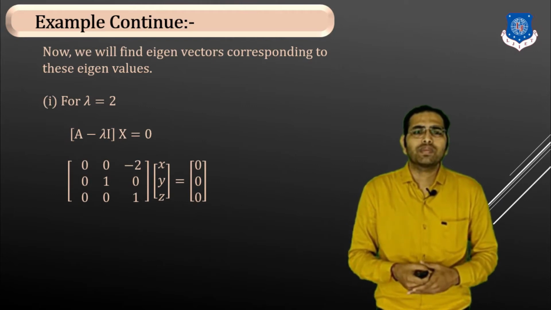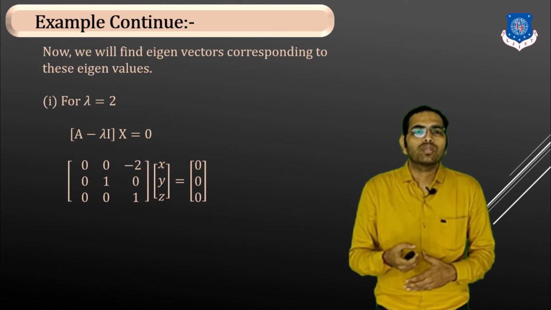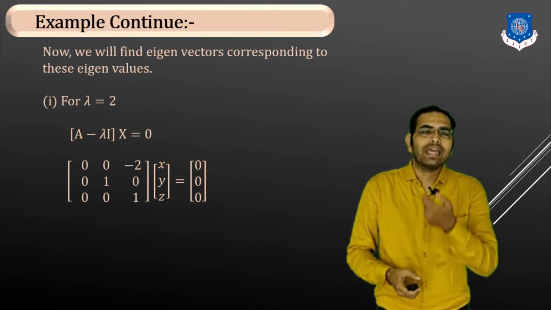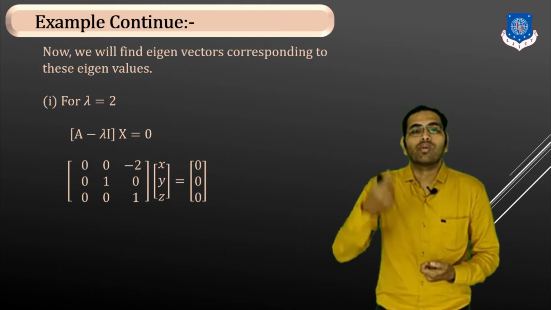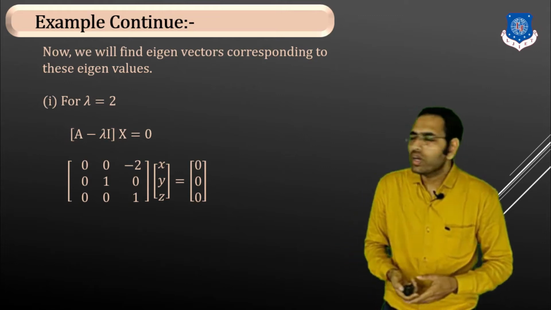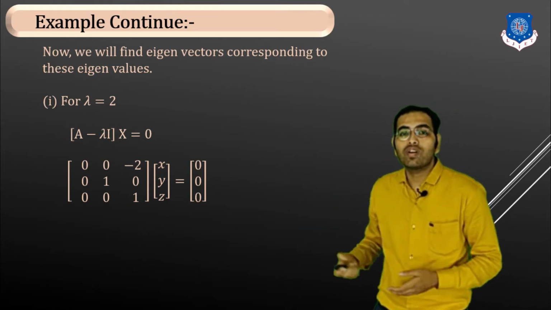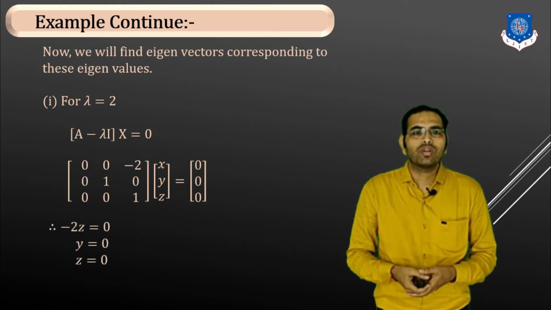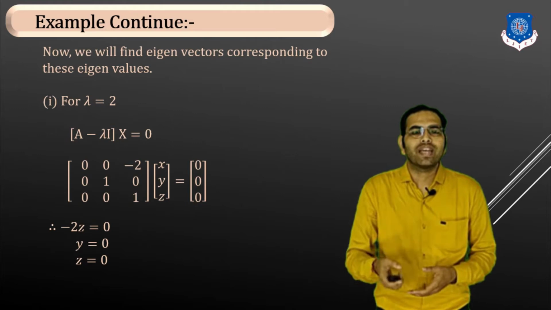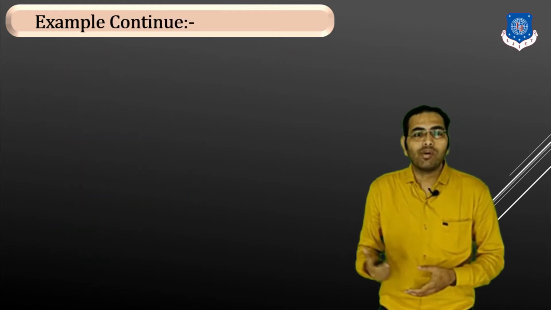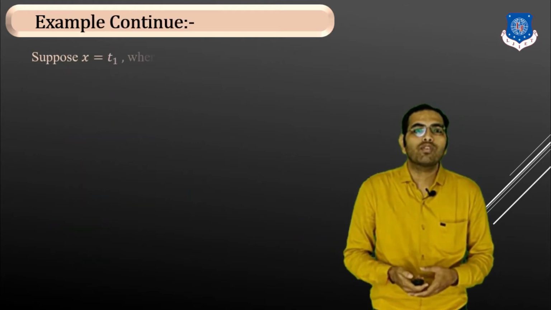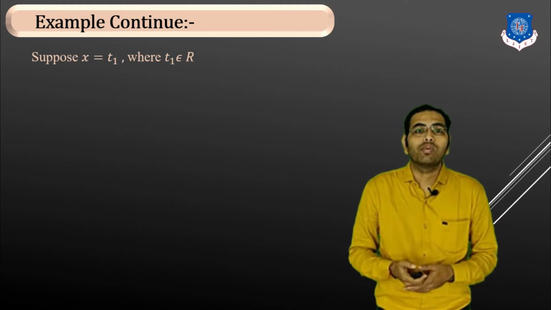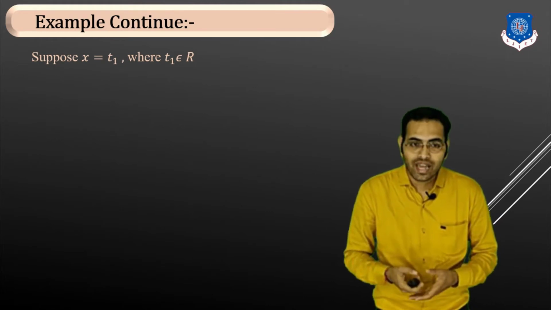Then our matrix becomes 0 0 minus 2, 0 1 0, 0 0 1, times the column matrix x y z, equal to the column matrix 0 0 0. Written as a system of linear equations, that is minus 2z equals 0, y equals 0 and z equals 0. From these equations we have to find the values of x, y and z.